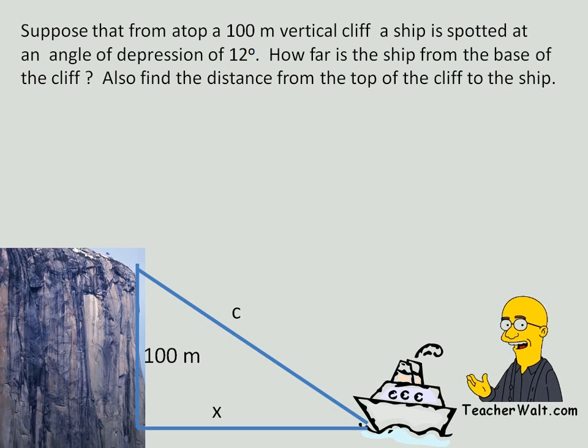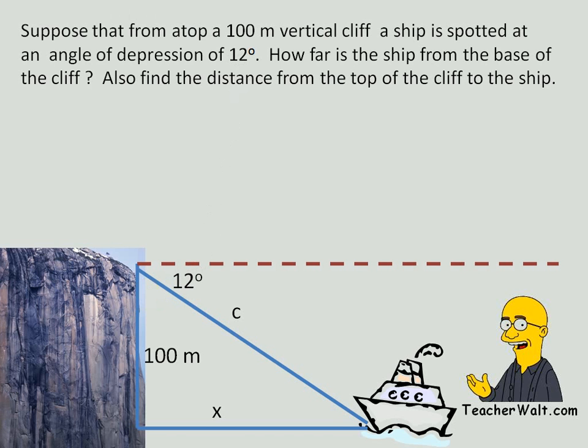Now, the tendency might be to try to put that angle of depression inside the triangle. You know, you see the 12 degrees, the tendency might be to put the 12 degrees inside the triangle. But remember, the angle of depression has to do with the angle that's made with the horizontal. So in fact, the angle of depression goes here.